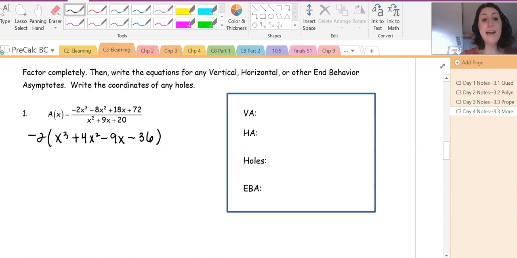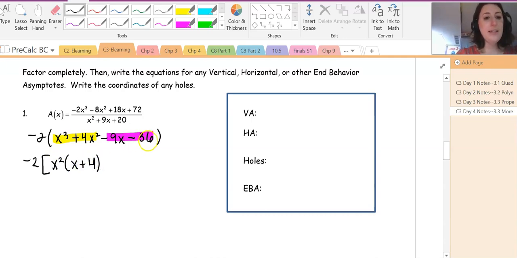All right, and then when you have a group of 4 like this, or a polynomial with 4 terms, it is a good idea to see if you can factor by grouping. So let me remind you of how that works. You're basically going to factor out the GCF from the first 2 terms and from the last 2 terms. So I'm going to keep this -2. And these first 2 terms, I can take out an x squared, and I'd have an x plus 4 left.